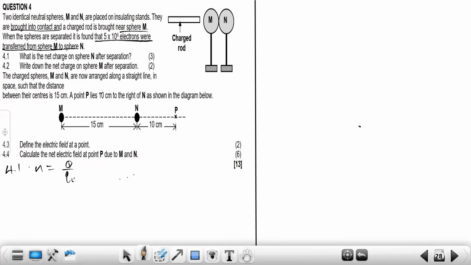So now for N, Q over Qe, the number of electrons is 5 multiplied by 10 to power 6. We want to know what is the charge, with Qe being negative 1.6 multiplied by 10 to negative 19.